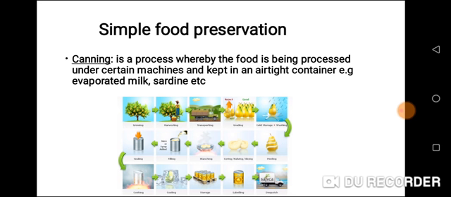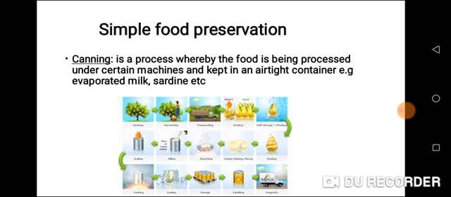As a result of that, microorganisms will not be able to react on those foods. Immediately after the canned food is opened, microorganisms will start reacting because once they are exposed to air, they will start to react.